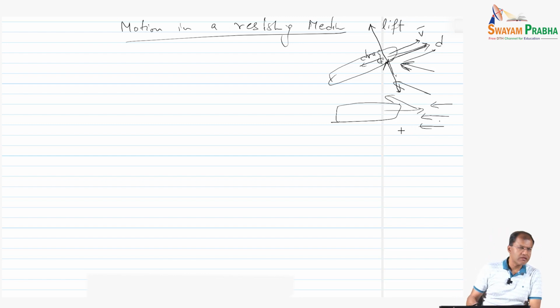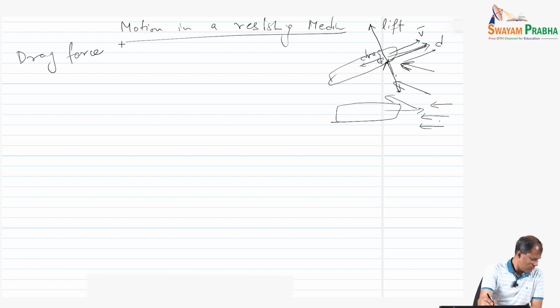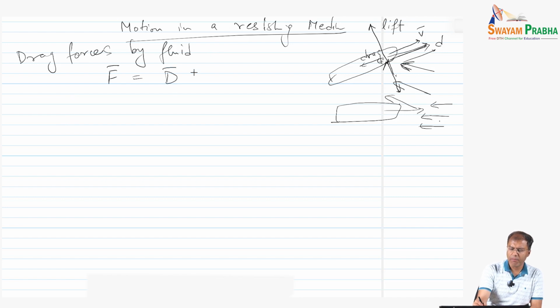Let me just write down what I just said, since I have mentioned a lot of lines. Drag forces by fluid. What I just said is that the net force acting on the object is the sum of the drag plus the lift forces. So this is my drag and this is my lift.